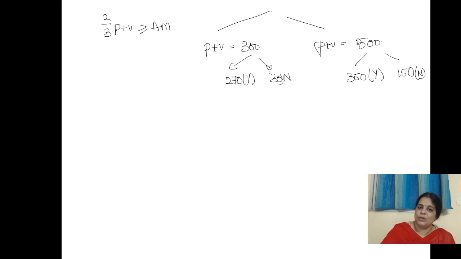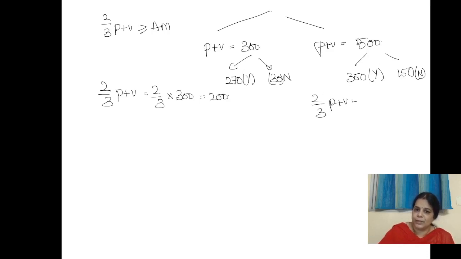Now let's calculate. 2/3 present and voting is equal to 2/3 into 300, which is nothing but 200, whereas here 2/3 present and voting will be 2/3 into 500, roughly around 334.